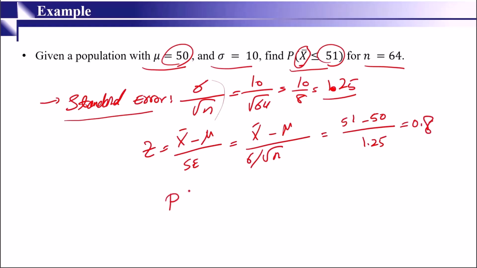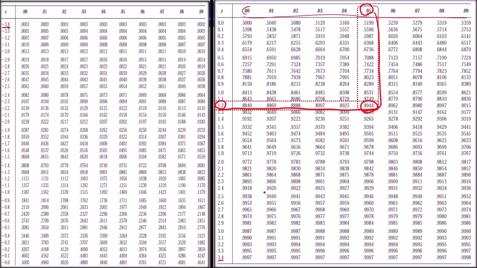Probability of z less than or equal to 0.8. For this one, we need to go for the table, right? z less than 0.8. So 0.8 is here, because we can write 0.8 in this form, 0.800, right? So here, 7881.